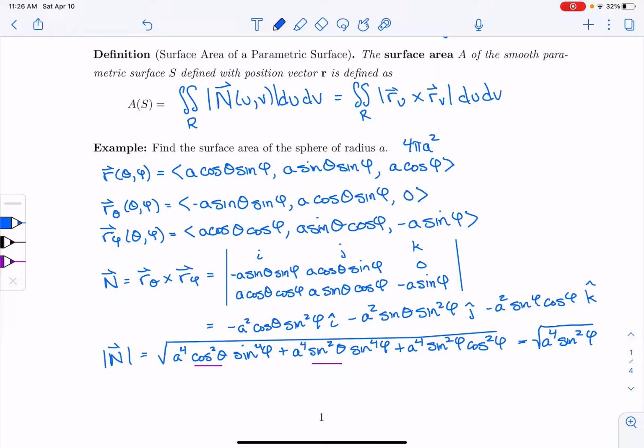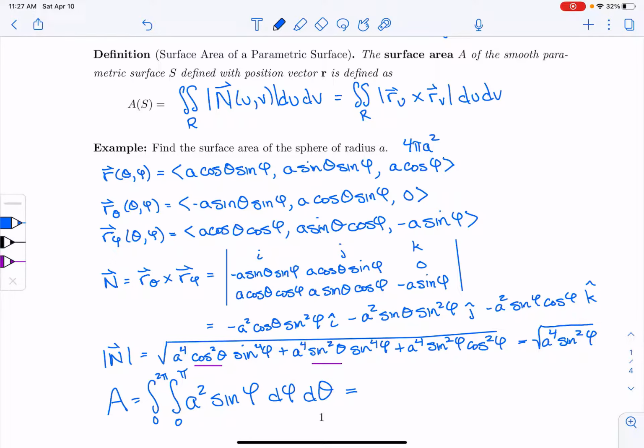So now when I find my double integral, I'm going to integrate over all theta, so the integral from 0 to 2 pi, and then over all phi, the integral from 0 to pi, and then I'm going to integrate the square root of a to the fourth sine squared phi, so that's going to be a squared sine phi d phi d theta.